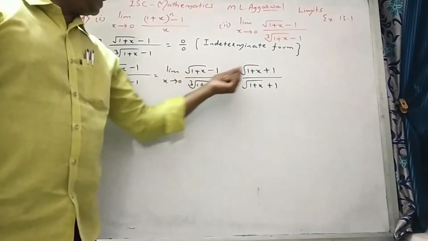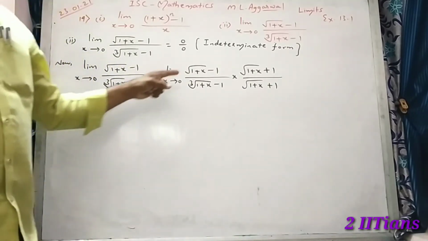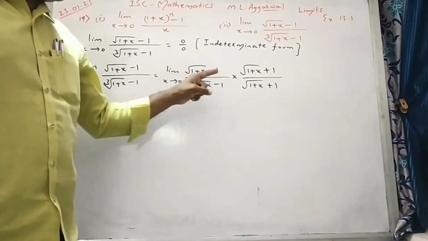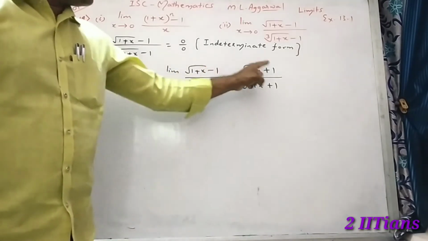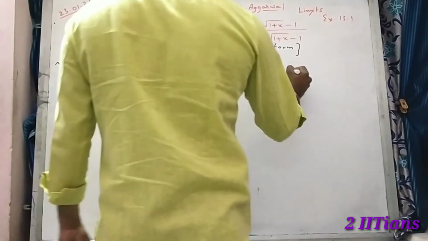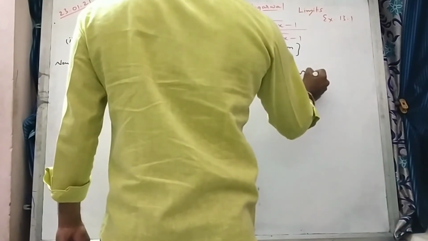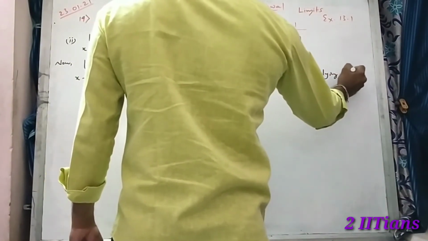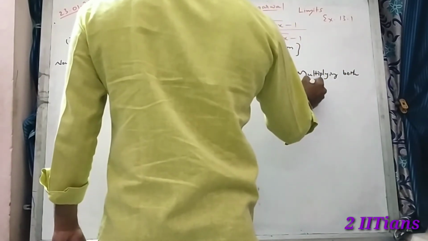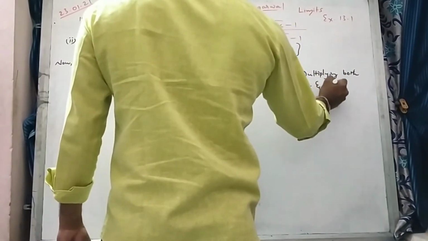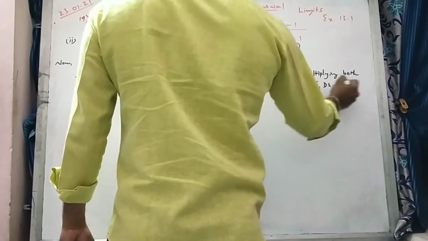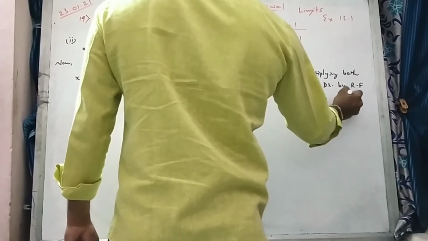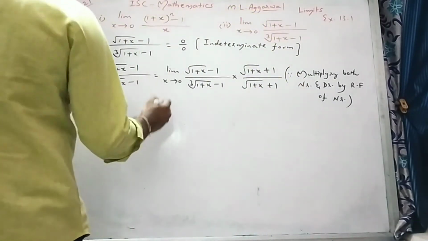I am rationalizing the numerator. What is the rationalizing factor of root 1 plus x minus 1? Just the opposite symbol, plus 1 by plus 1. So what did I do here? Multiplying both numerator and denominator by the RF of the numerator. Okay? Then I will simplify this.